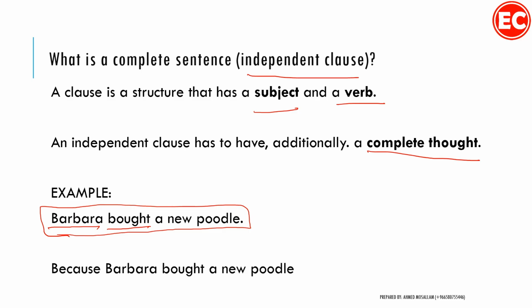Only one word is added, which is because, or after, or before, or while, or when. All these words, if you add them before the independent clause, change the independent clause to be a dependent clause.